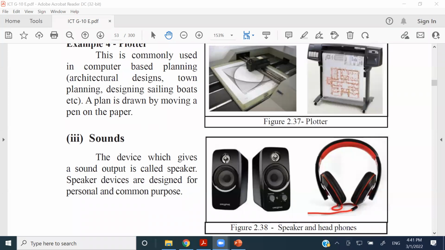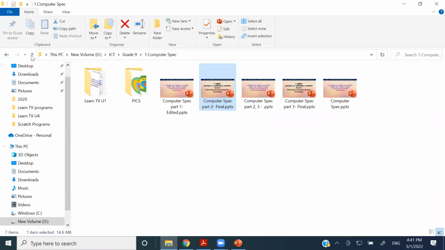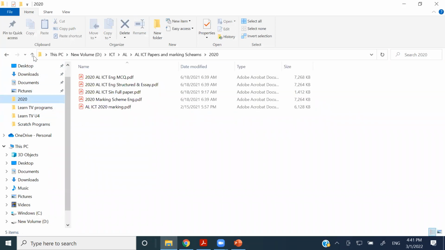So let me show you how the printer is working. So the laser printer is working, and some other extra things for you. Hold on.